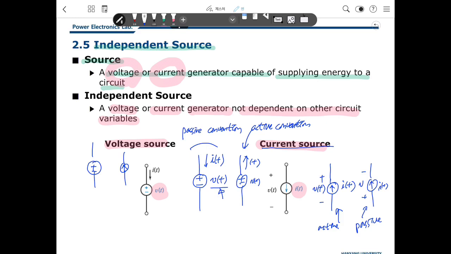Especially in the case of the voltage source, this element generates the voltage v(t). Then how much current flows in this element? The current value is not determined by the symbol. The current is determined by other elements. I will give you some examples.